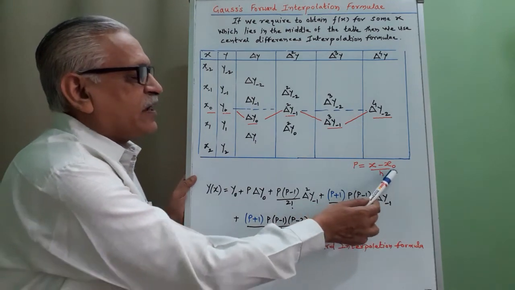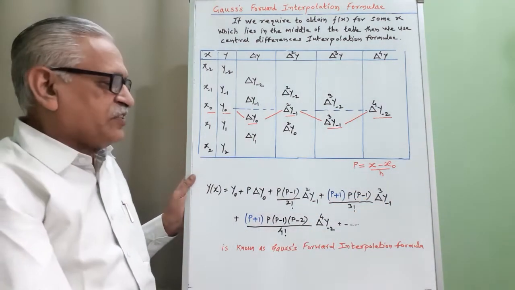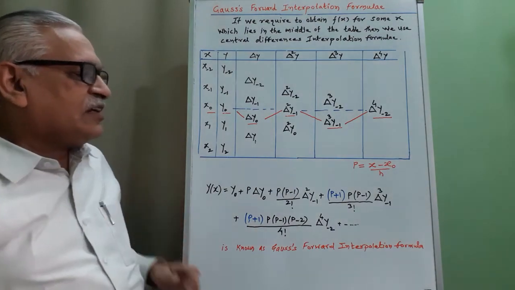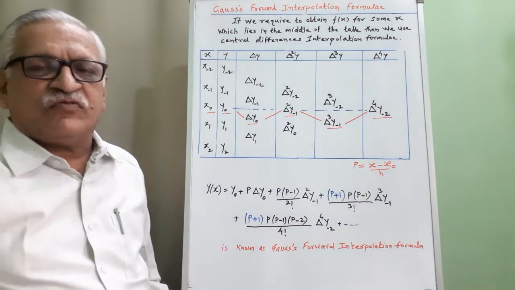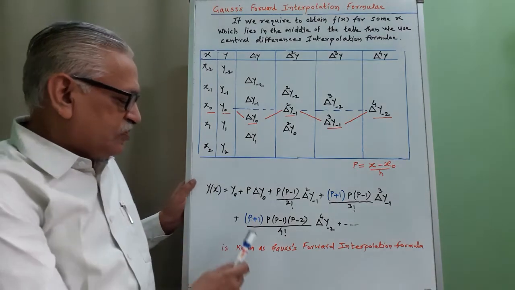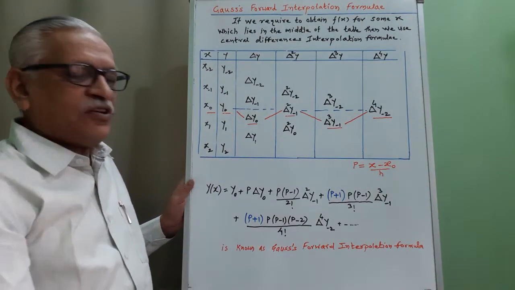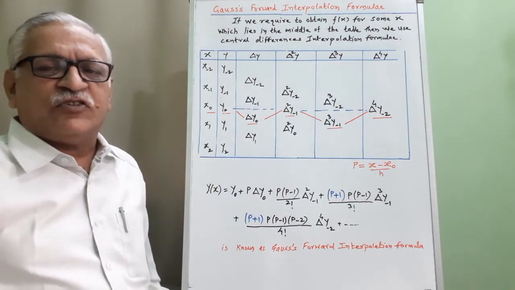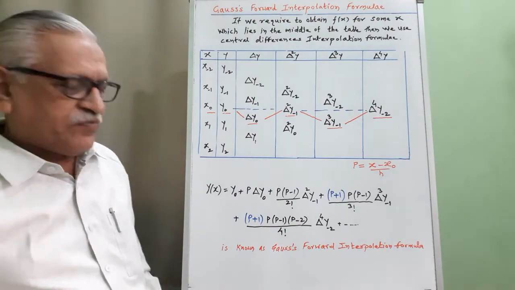P is given by x minus x0 by h. Then for the Gauss forward interpolation formula, we have to make a slight change in Newton's forward interpolation formula.